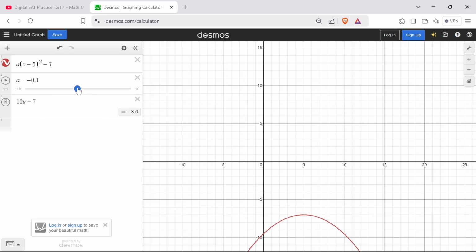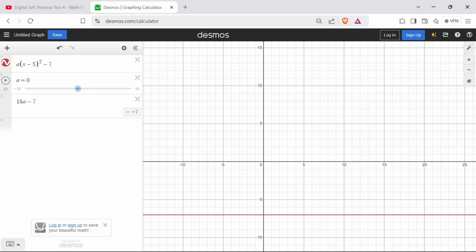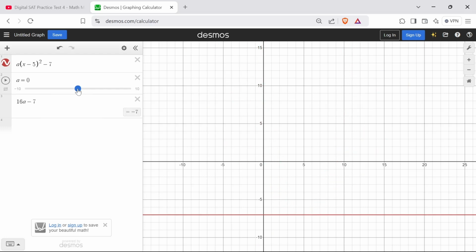At a equals 0, 16a minus 7, which is a plus b plus c, is equal to minus 7. And then as a gets positive, that gets larger. So minus 7 is like the lower limit of this thing. It can't be minus 7, and it can't be smaller than minus 7.